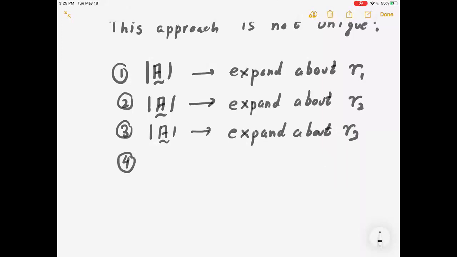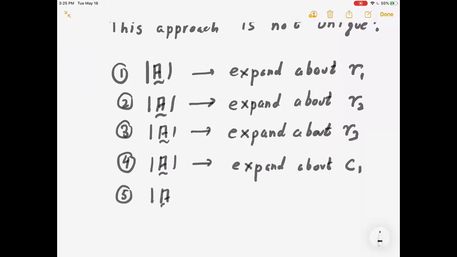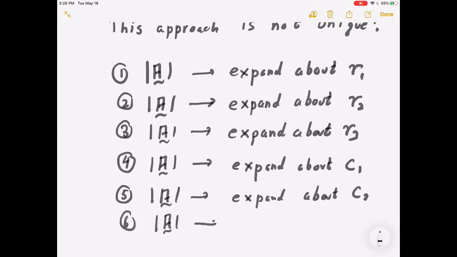the same answer. And similarly, if you expand about column 1 or column 2 or column 3 for that matter, you'll also get the same answer.